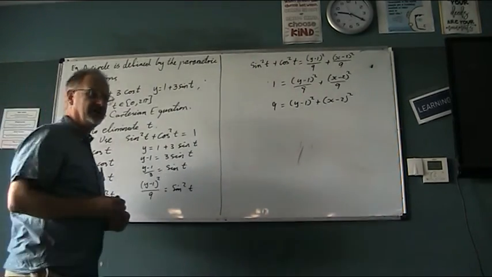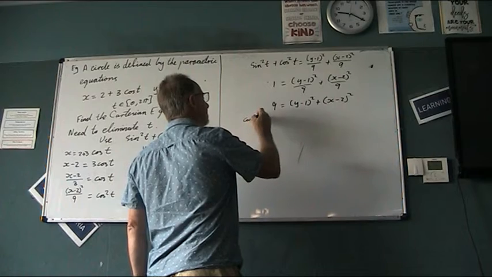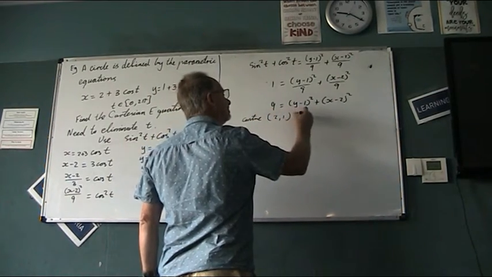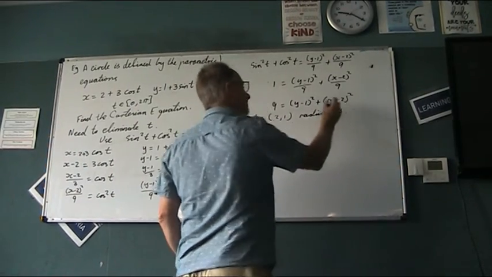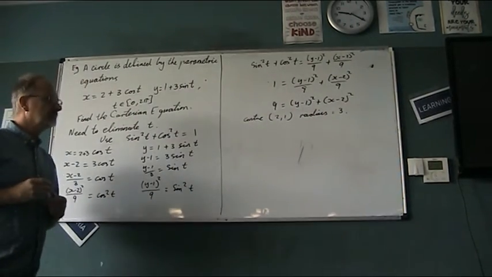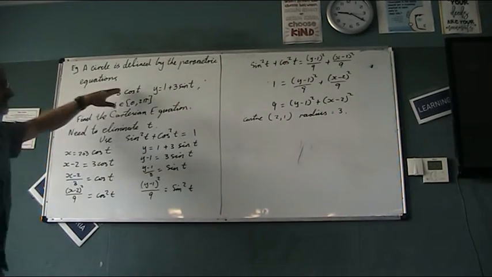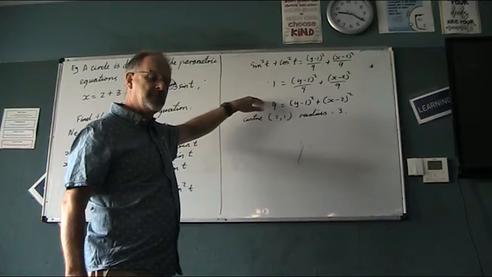Equation for a circle. Yep. So here we've got the circle, whose centre is at 2, 1, and its radius is 3. So parametric equations with the t in it, Cartesian equation with no t.